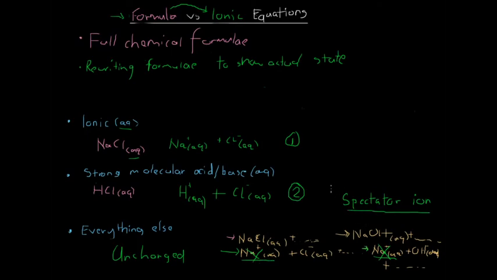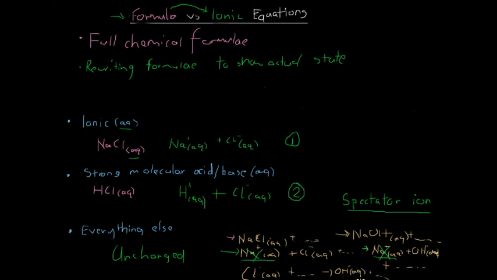When we rewrite a formula equation as an ionic equation and we get spectator ions, in this case sodium ions in aqueous solution, we just cancel them out and rewrite the equation without them. So the correct ionic equation is Cl minus, or chloride, aqueous, plus the same other stuff as before, going to a hydroxide ion plus some other stuff.